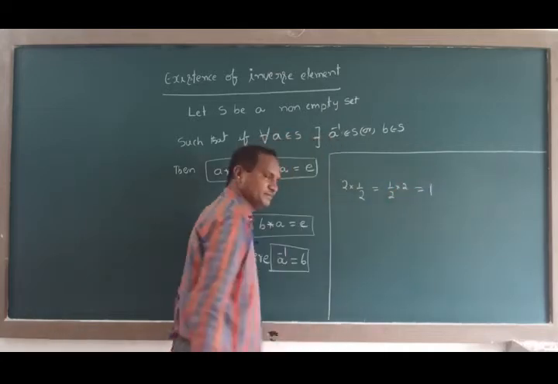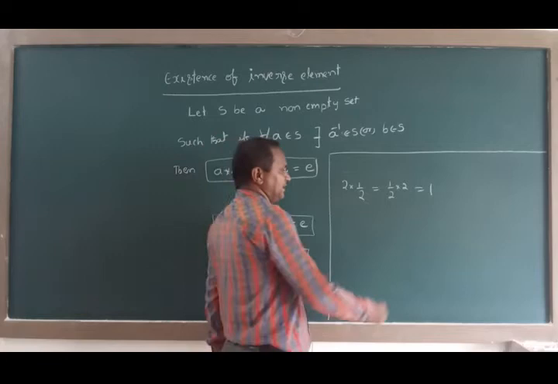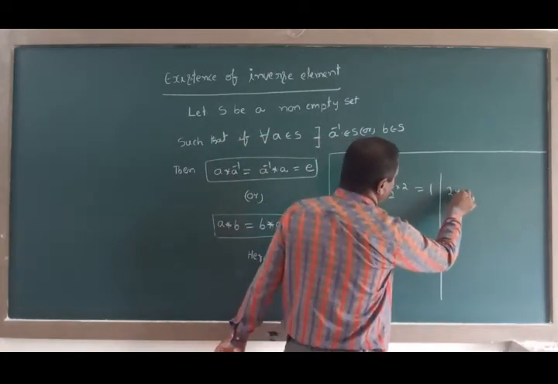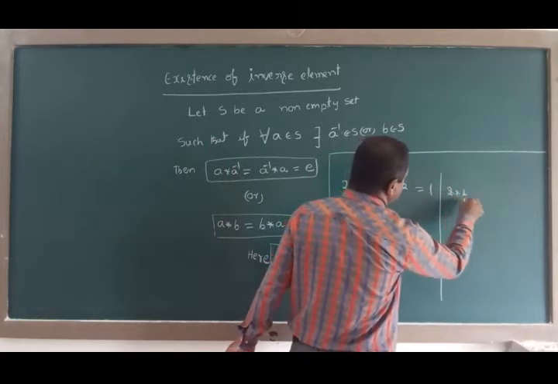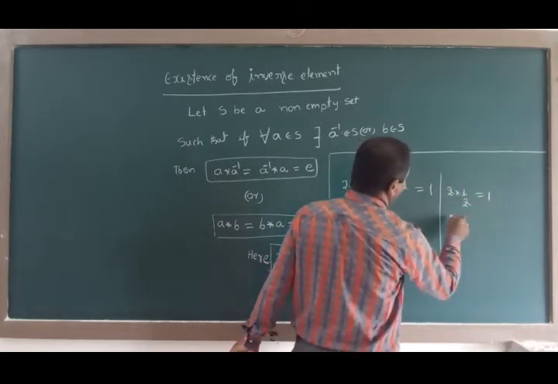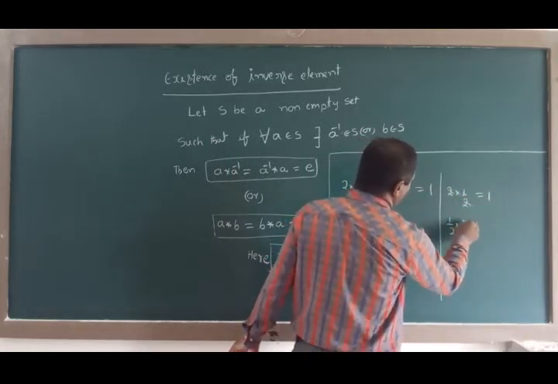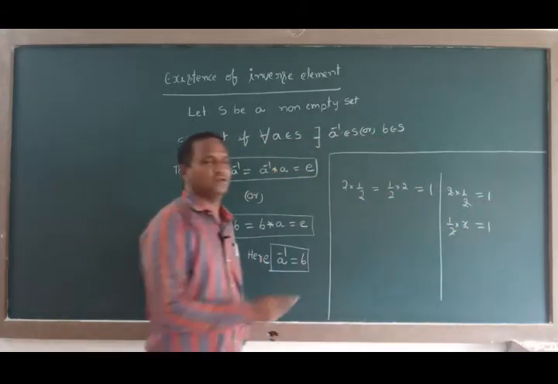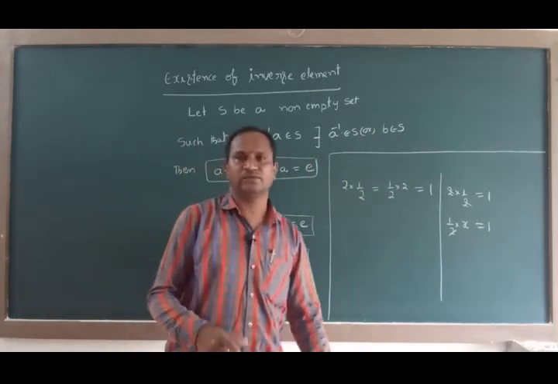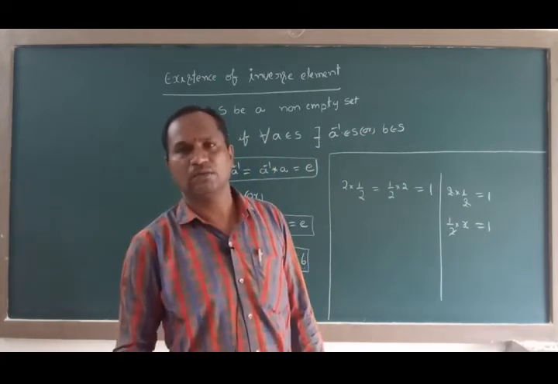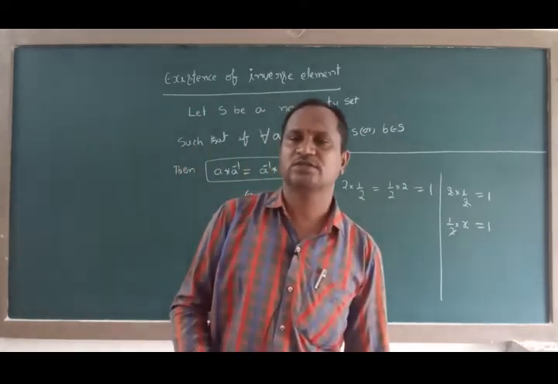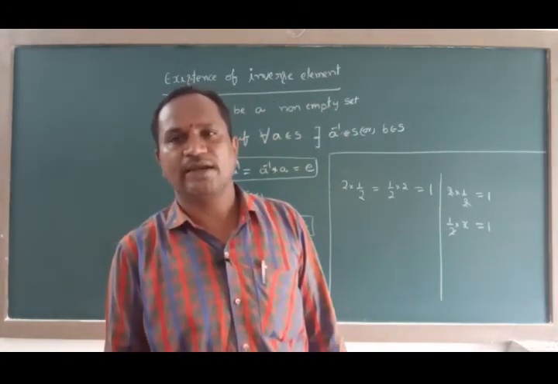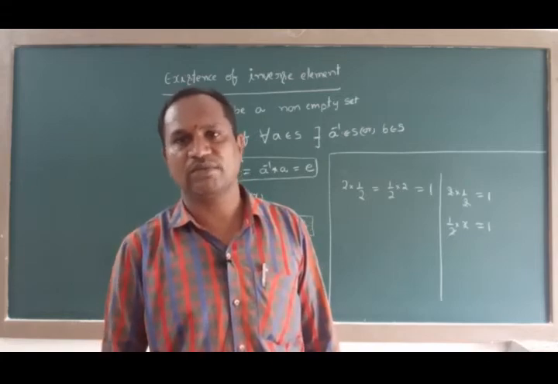Because by checking this, 2 into 1 by 2, the 2 gets cancelled, and it is equal to 1. Or 1 by 2 into 2, the 2 gets cancelled, 1. That's why 1 by 2 is the multiplicative inverse of plus 2, and plus 2 is the multiplicative inverse of 1 by 2. They are multiplicative inverse elements to each other, 2 and 1 by 2.